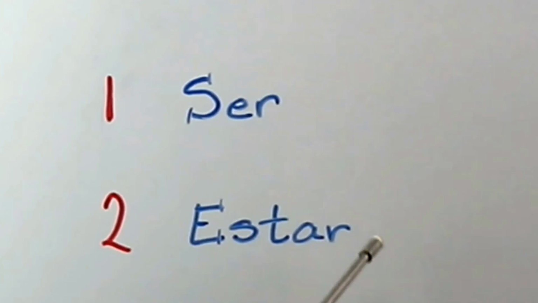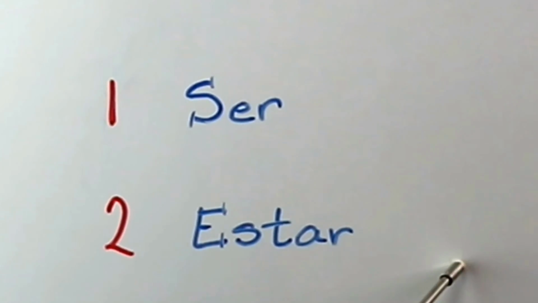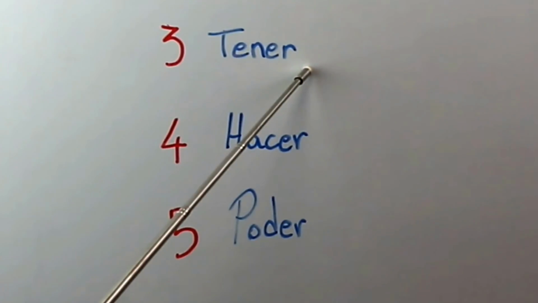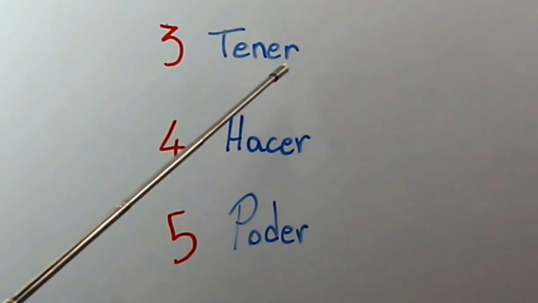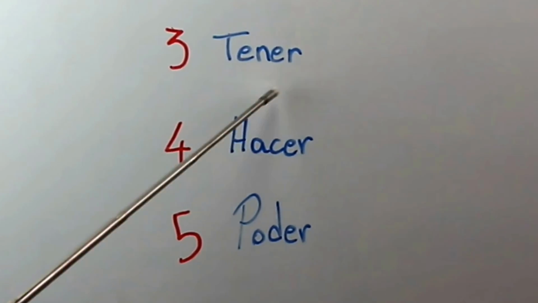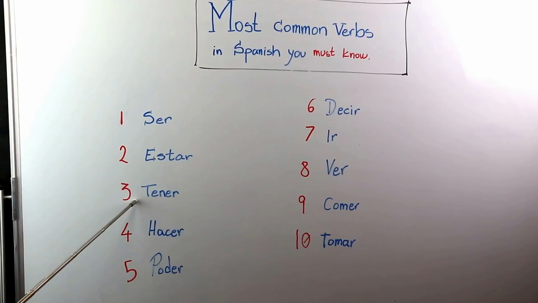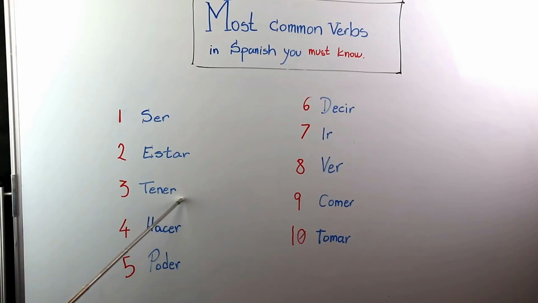Estar is for temporary things such as location or how you're feeling today, emotions. Número 3, tener, which means to have. Tener. And notice how I pronounce the T. It's a very soft T. I don't say tener with a hard T, I say tener. I place my tongue on the back of my upper teeth and I say tener.